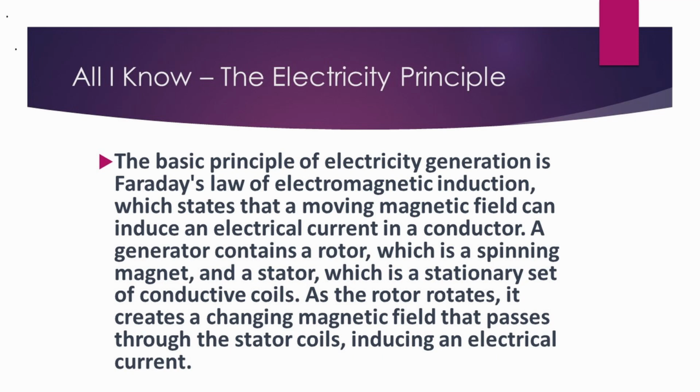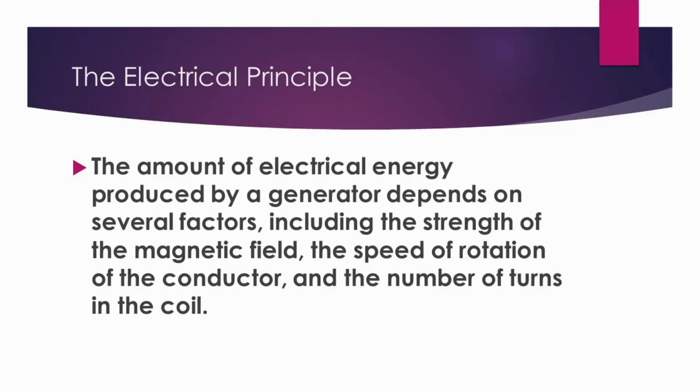As the rotor rotates, it creates a changing magnetic field that passes through the stator coils, inducing an electrical current. Also, the amount of electrical energy produced by a generator depends on several factors, including the strength of the magnetic field, the speed of the rotation of the conductor, and the number of turns in the coil.